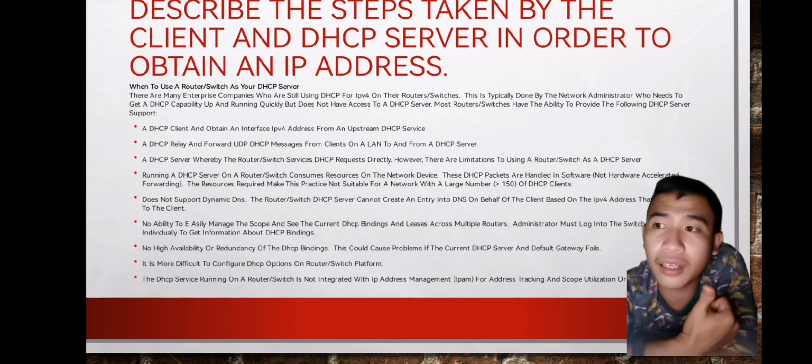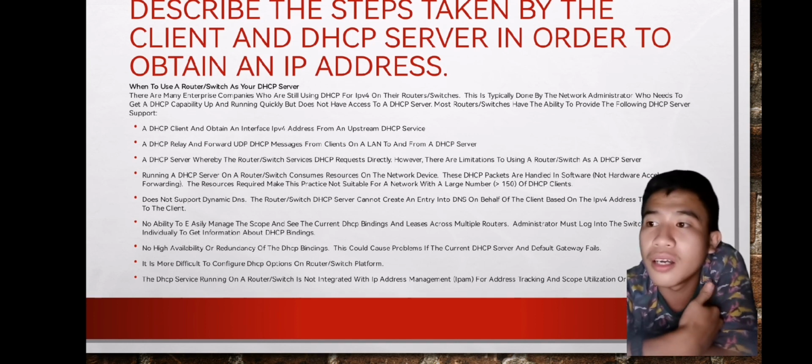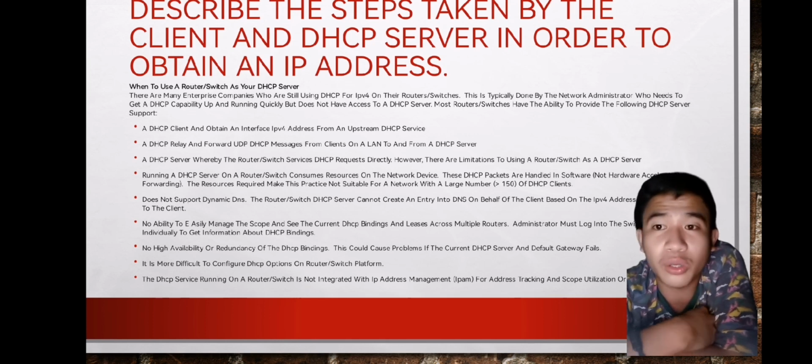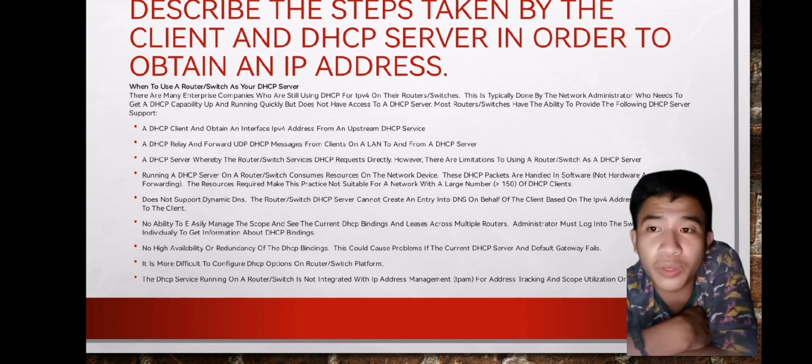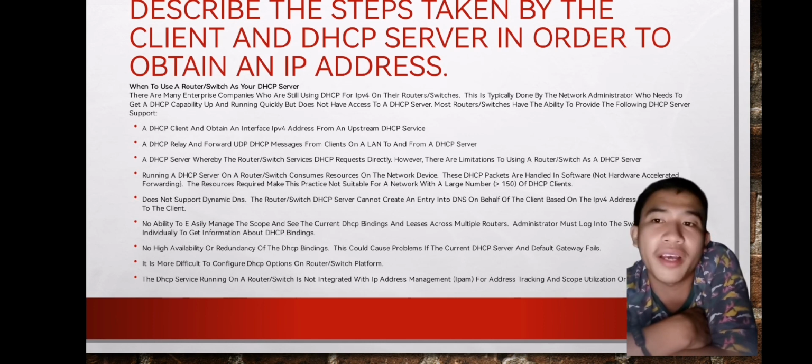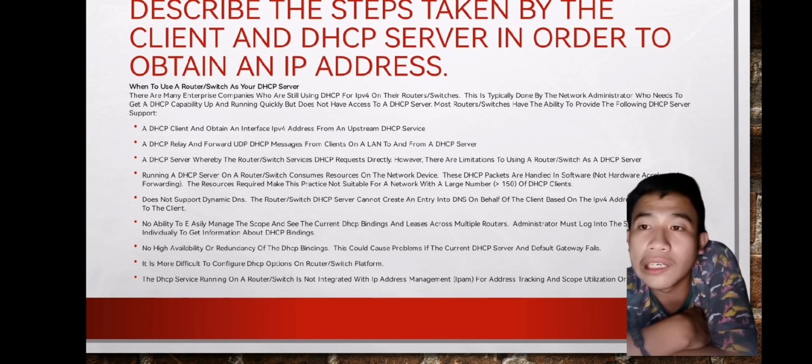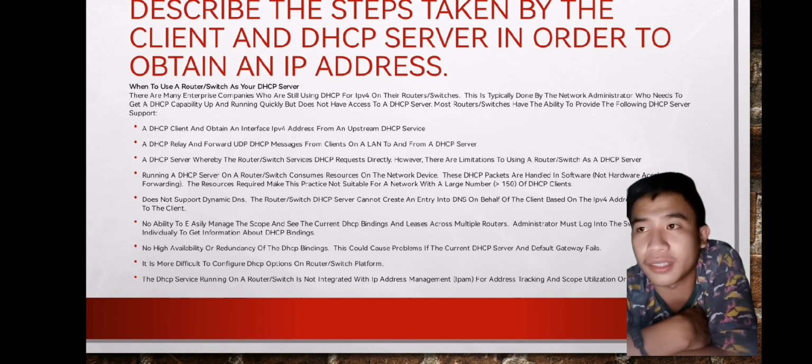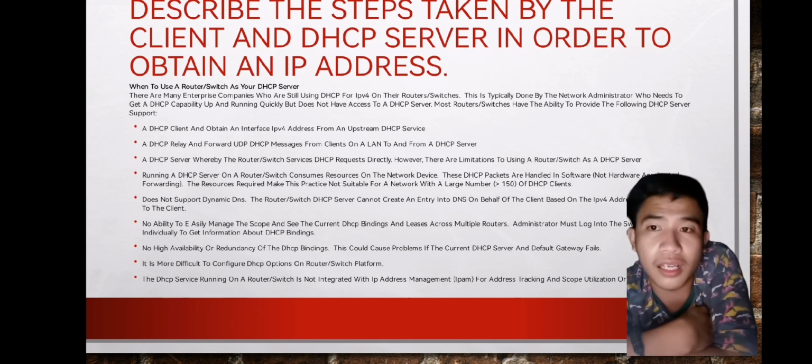The administrator must log into the switch or the router individually to get information about DHCP bindings. Next is no high availability and redundancy of the DHCP bindings. This could cause problems if the current DHCP server and default gateway fails.